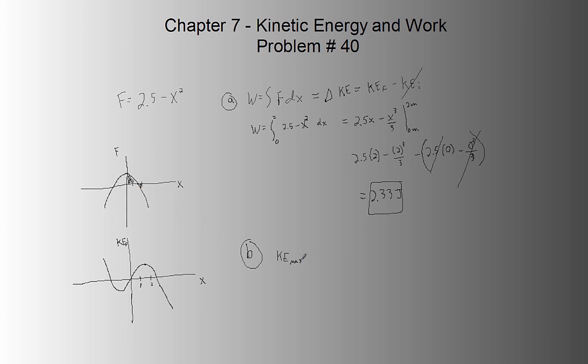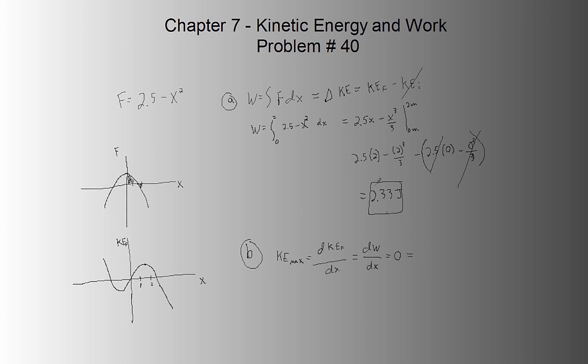And so, calculus-wise, this is really just the derivative of dKE final dx, or more specifically, the derivative of work, because this is also a work graph, because work equals kinetic energy final. So this is a little more of an appropriate way to write it. And that's going to happen when the derivative is 0, or when the force in this case is 0.